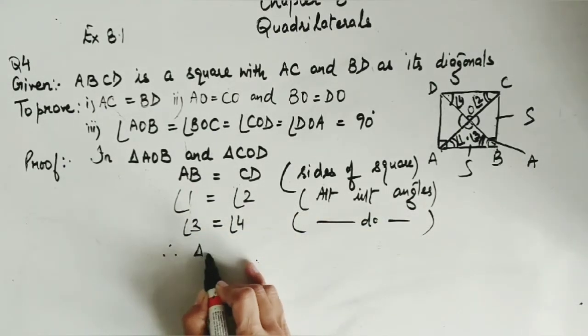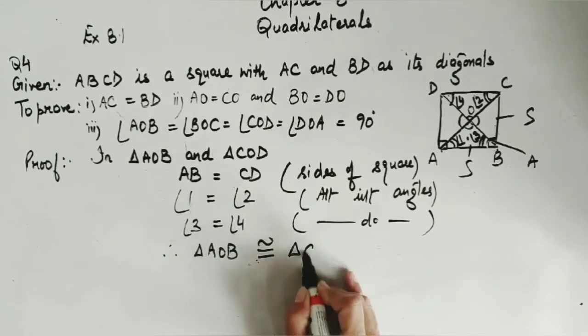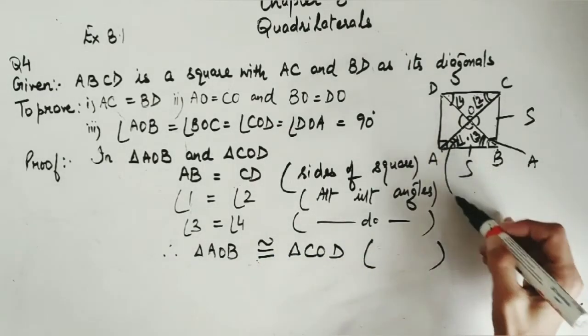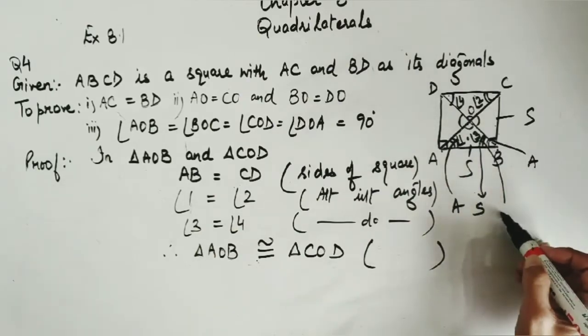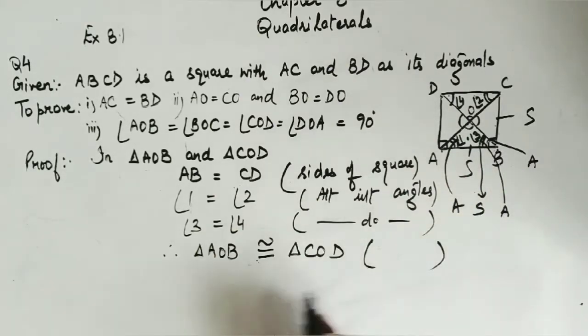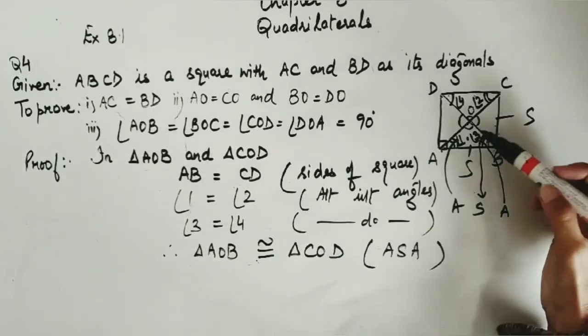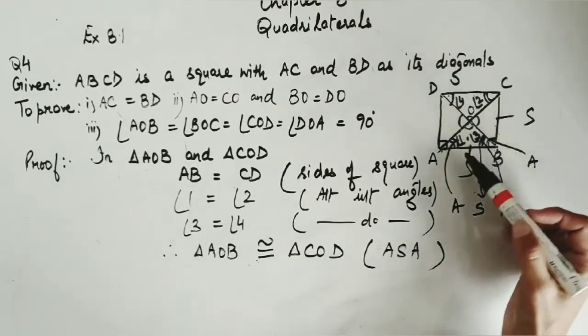Therefore triangle AOB is congruent to triangle COD. They are proved congruent by which rule? Angle, then came this side, then came this angle, by ASA. By ASA rule, triangles are congruent. And if triangles are congruent, what can you say about the remaining sides?